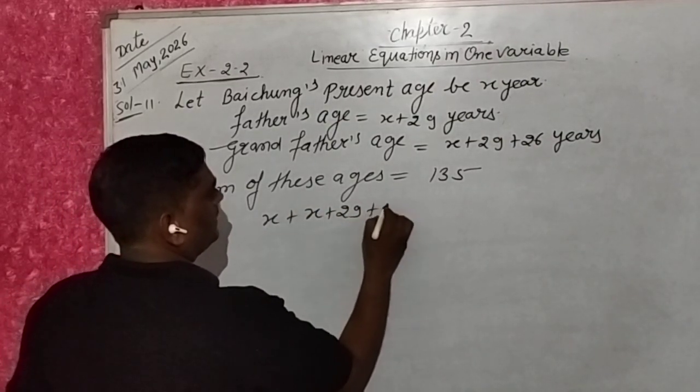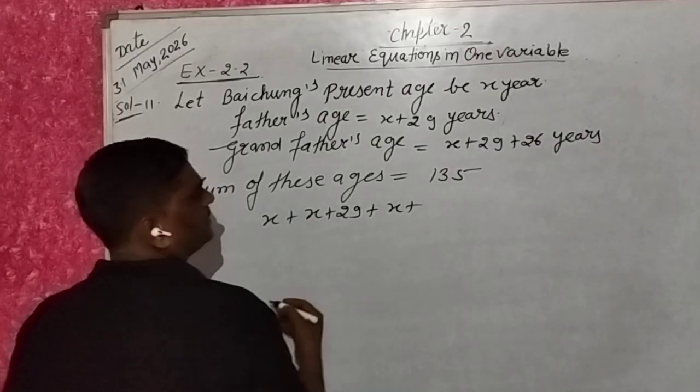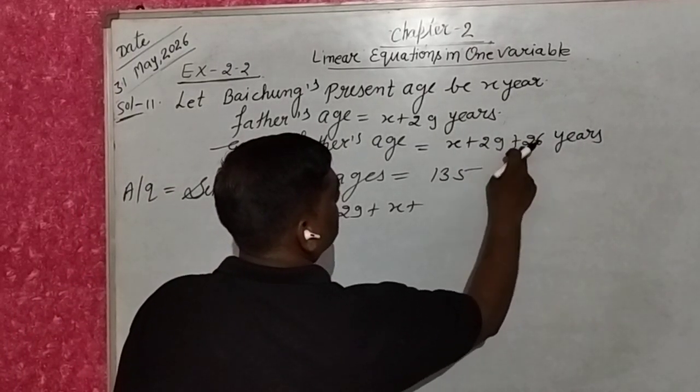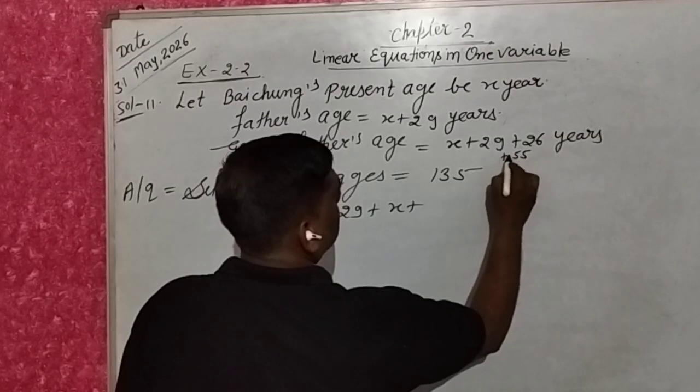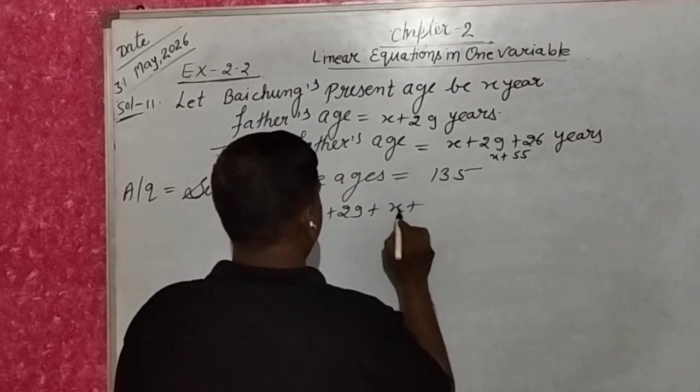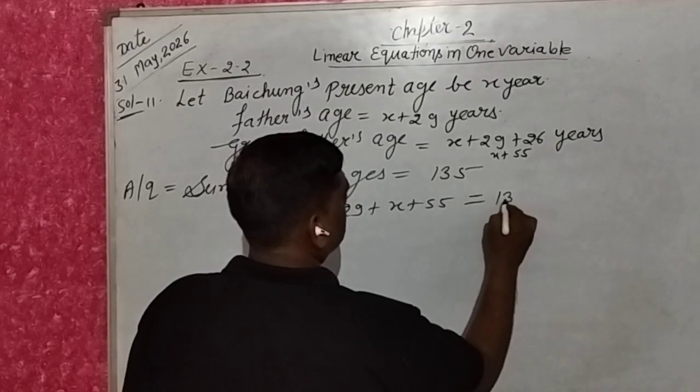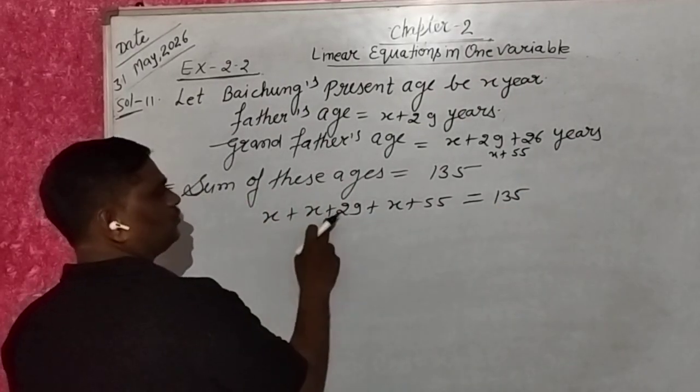So x plus x plus 29 plus x plus 55, 3x plus 84, is equal to 135.